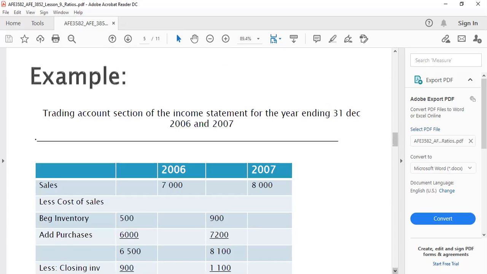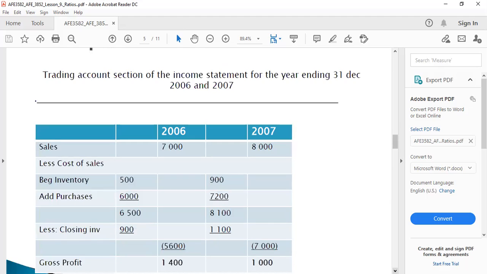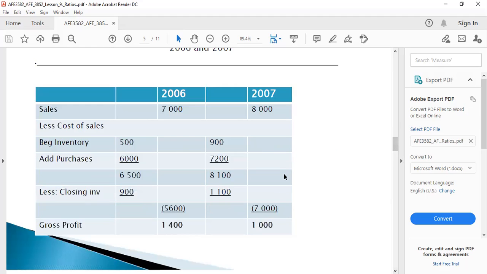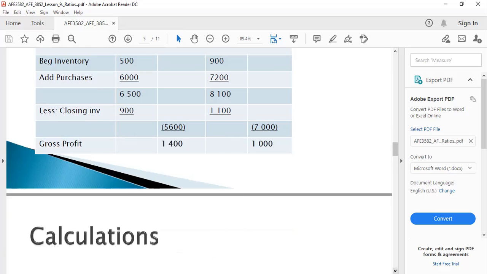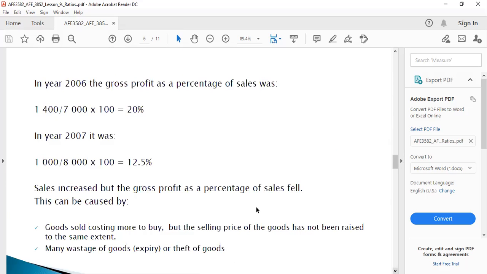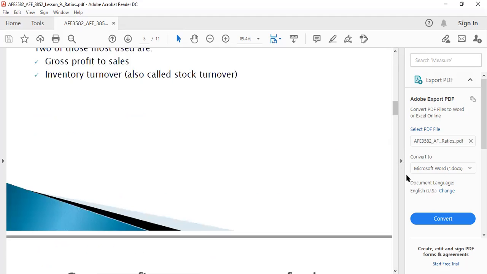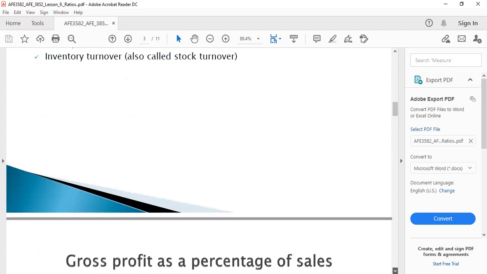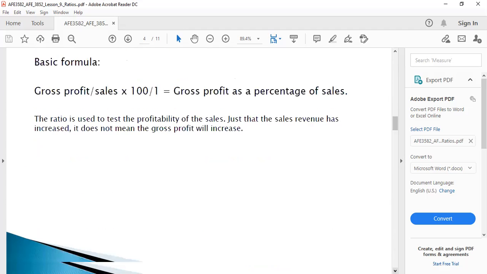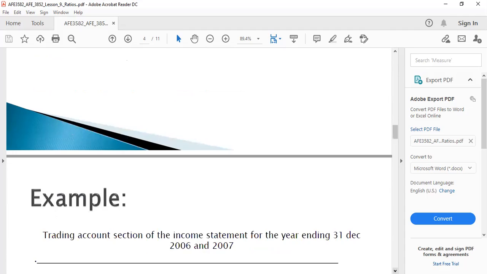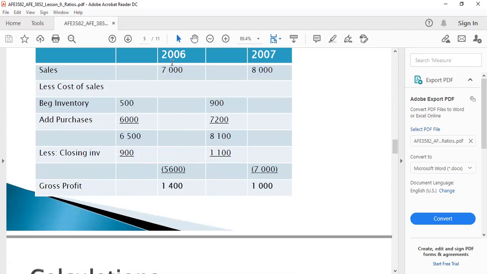Example, you have a trading account here of 2006 and 2007. You are asked to calculate gross profit as a percentage of sales in 2006. Obviously, you have gross profit of 1,400 divided by sales.